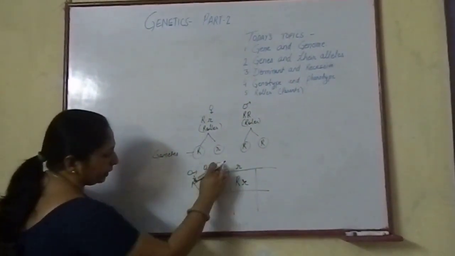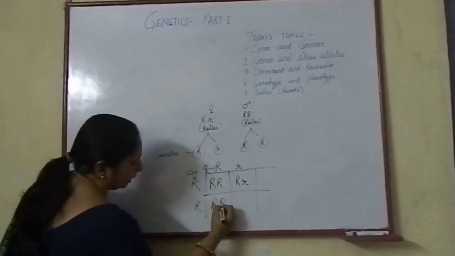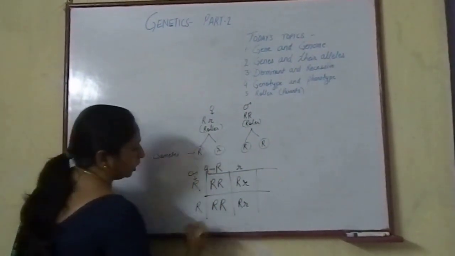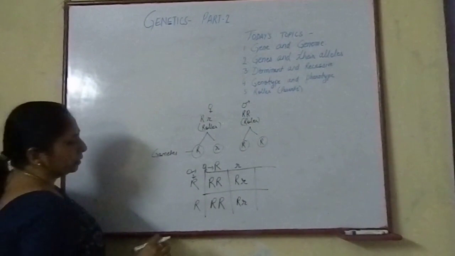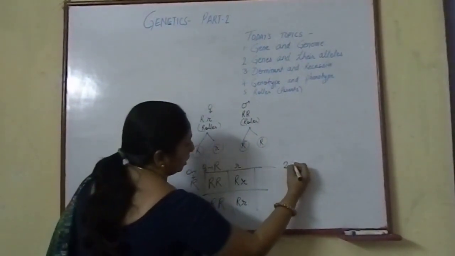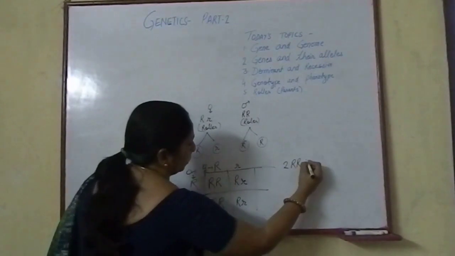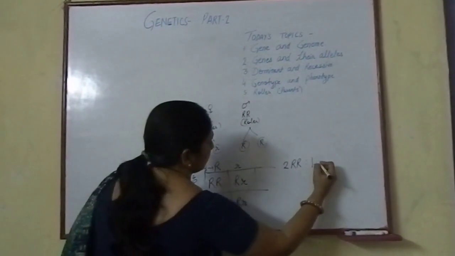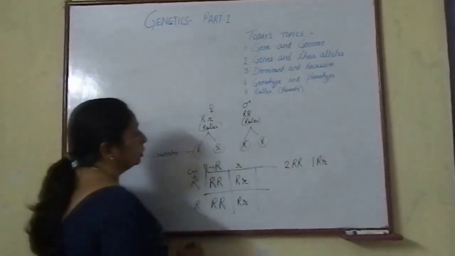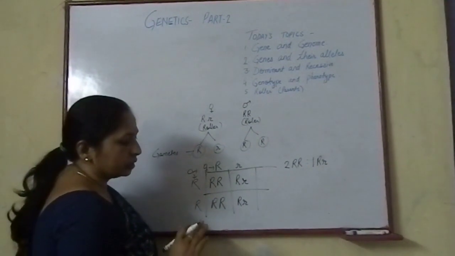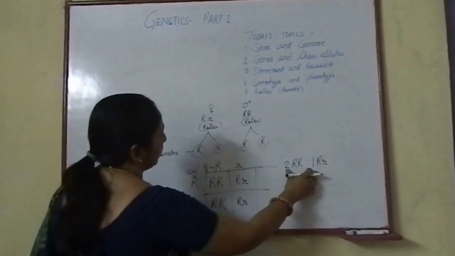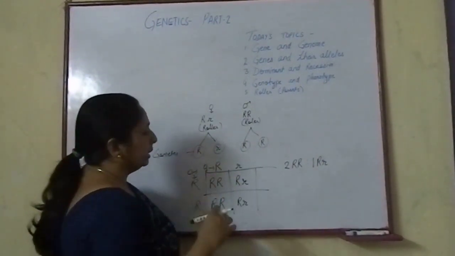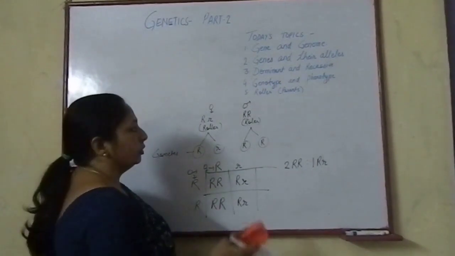In this case, R and R, capital R, R, capital R, small r. From this square, you can observe that 2 are capital RR, while 1 is capital R, small r. This capital R and small r is a heterozygous condition, and if 2 heterozygous parents are crossed, then the offspring might have a non-rolling tongue.